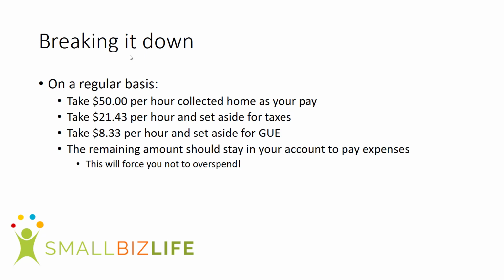One of the reasons I think small business profitability is hurt so much is that we leave that money in the account and then say, oh, I'm going to run $1,000 worth of Facebook ads. And then you can't pay yourself. You jump the gun and spend money that was planned for either the GUE, your pay, or even worse, taxes.